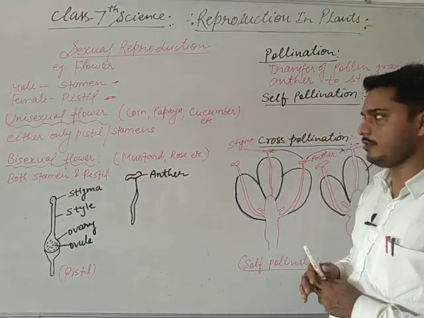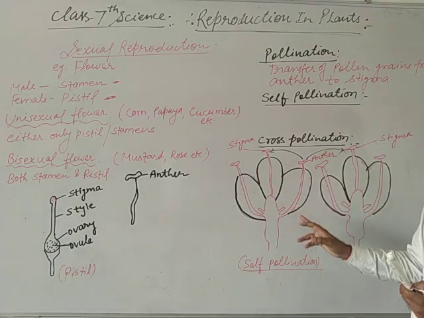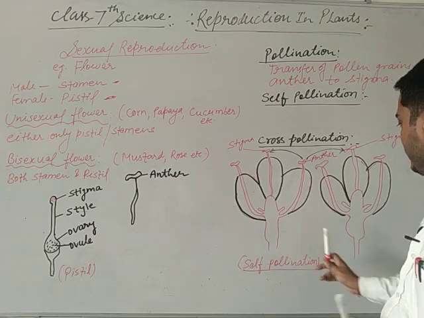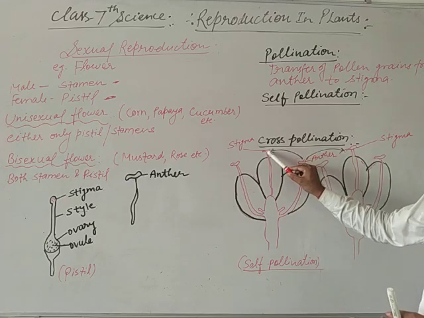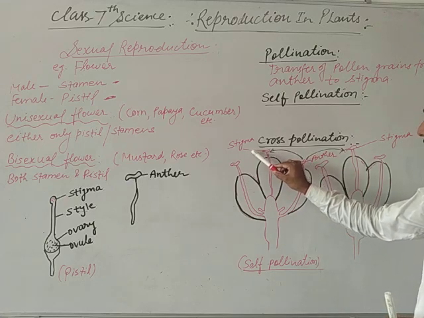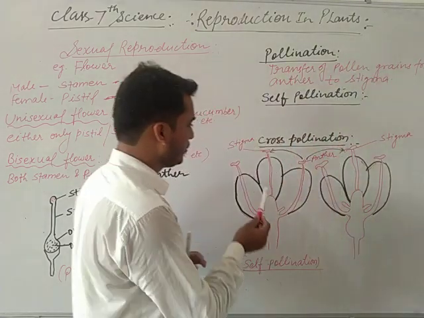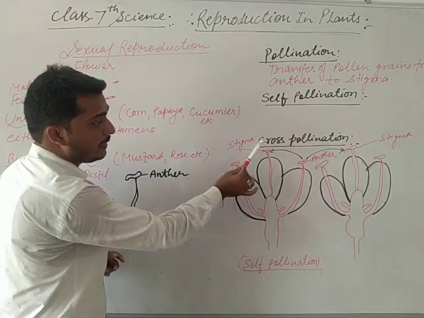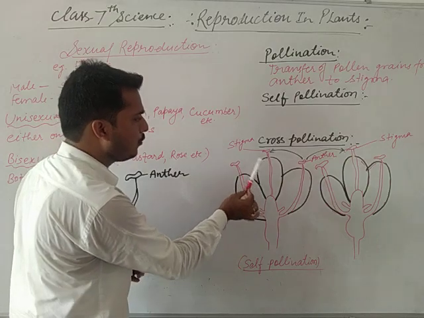What is pollination? My dear students, here are two flowers, one is this and another is this. This is the stigma portion, the female portion, and this is the male portion. This flower only contains stigma.